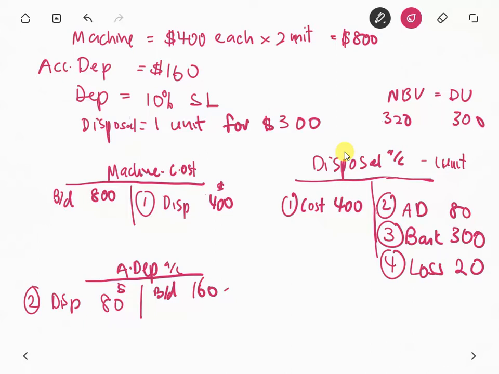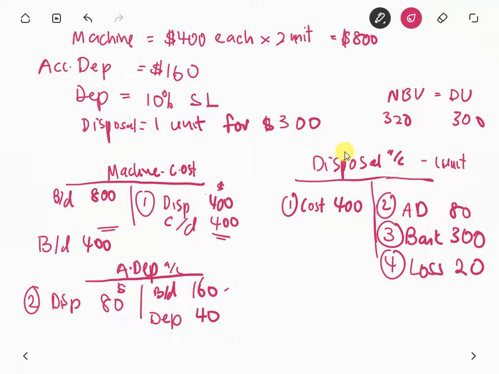Okay, now continue. I still have how many more assets? 1 unit. Carry down. Brought down 400. Must I depreciate? You have the asset, you use it, you must depreciate 10%. 10% straight line means 10% on cost, 40.